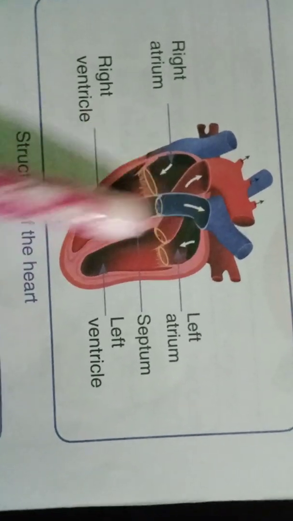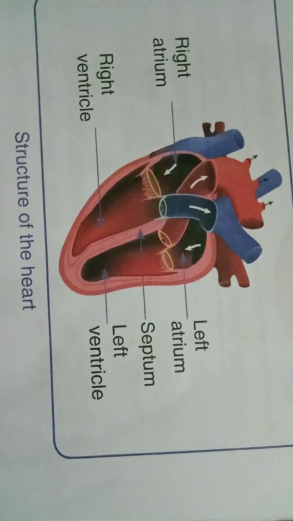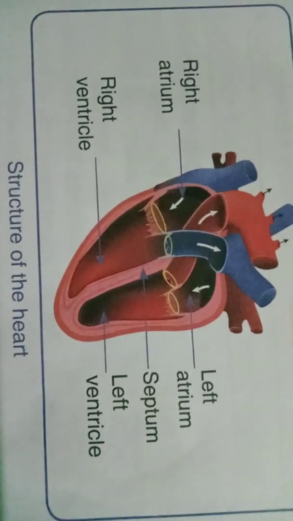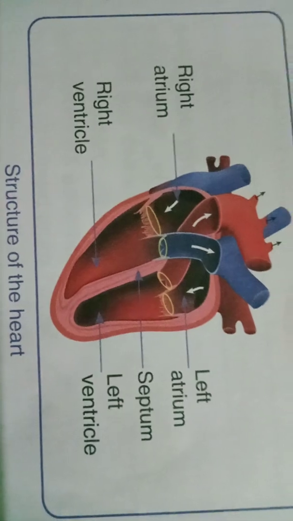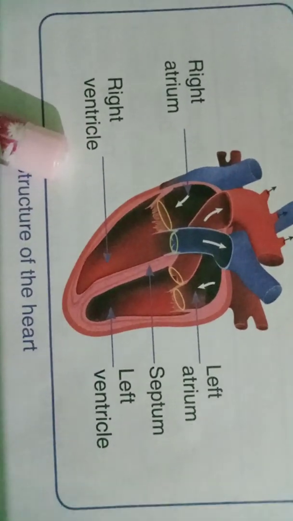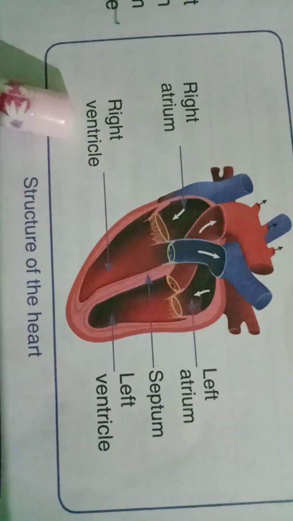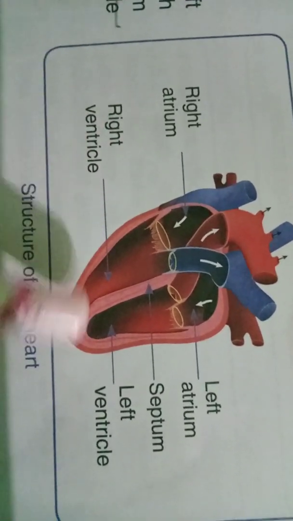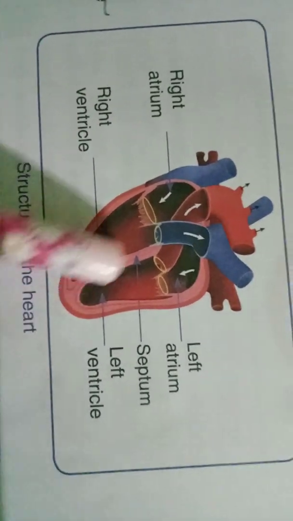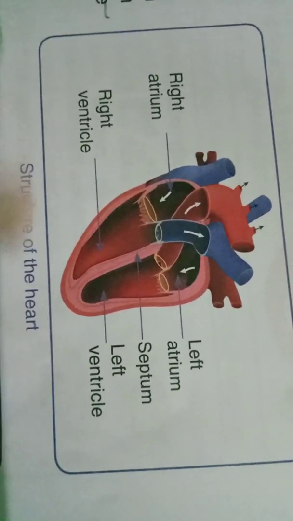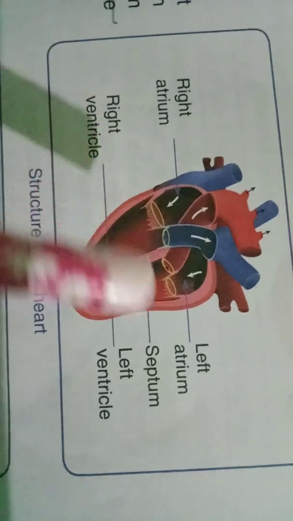Can you see this? Yes. The wall of muscle is called the septum. It lies between the right atrium and left atrium, and also between the right ventricle and left ventricle. So this septum separates them.